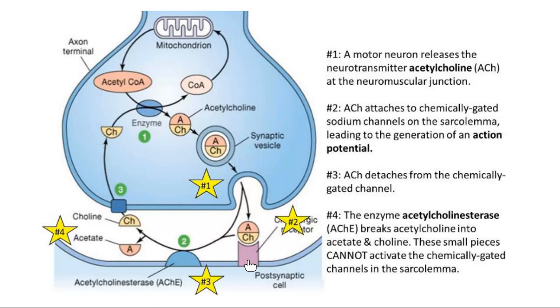But once I've started that process, I don't want to continue to respond to this message. I use an enzyme embedded in the membrane called acetylcholine esterase to chop up that message. When I chop it into little pieces, it can't open any more chemically gated channels. I hear the message once and then I recycle it.